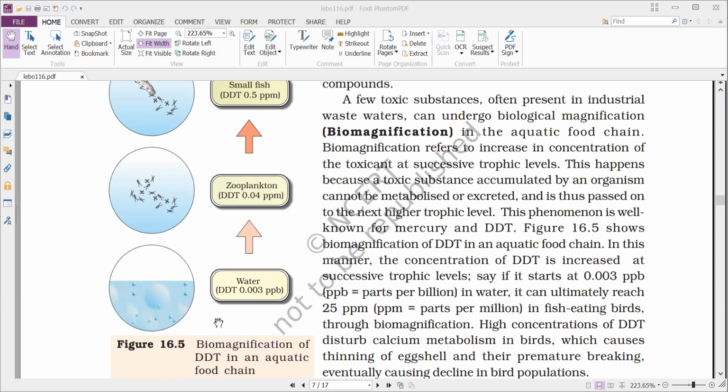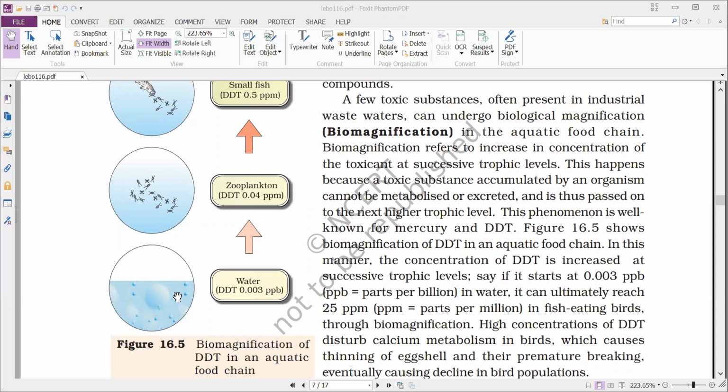And some of the phytoplanktons are taken as food by the zooplankton, that is protozoans. Protozoans are heterotrophic, animal-like microorganisms. So they feed on these phytoplanktons. They feed on a large number, so the accumulation comes to 0.04 parts per million.